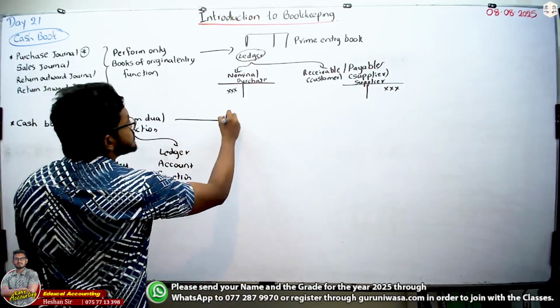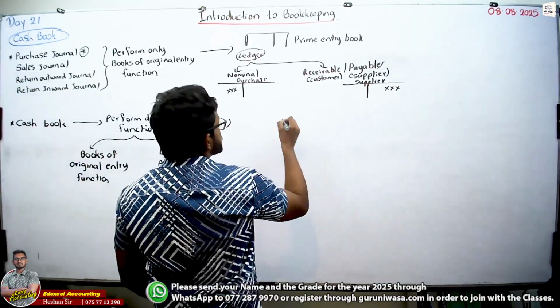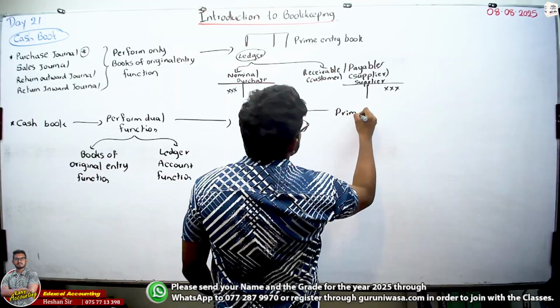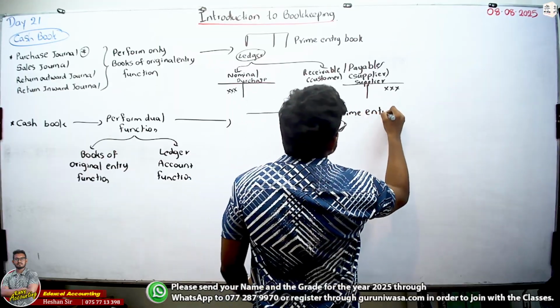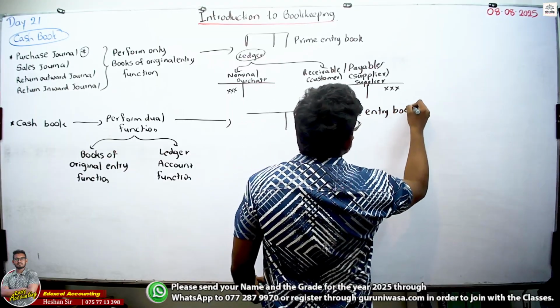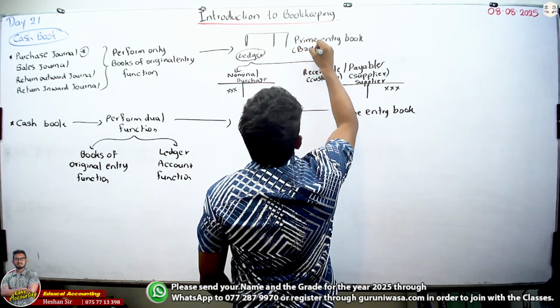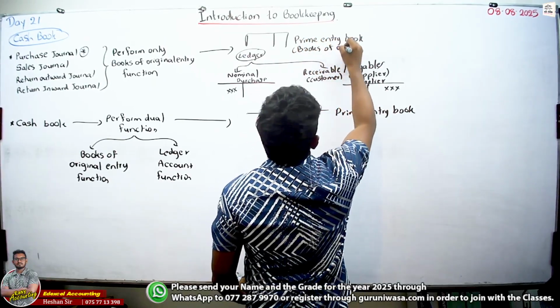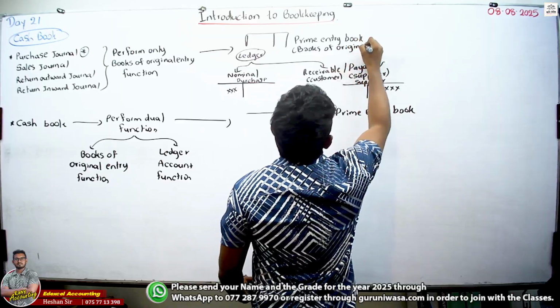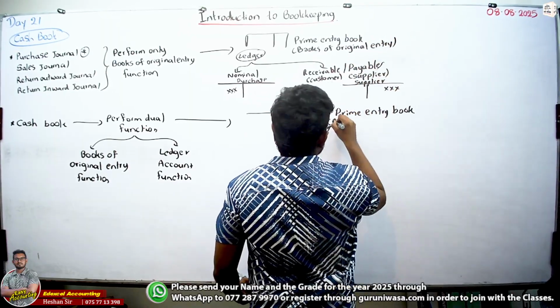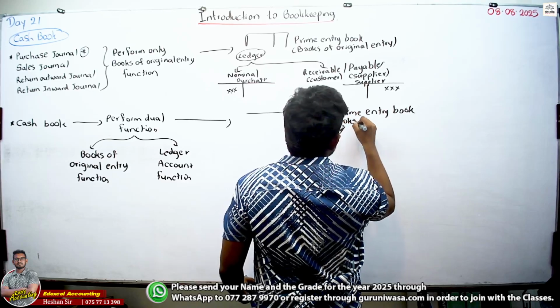So when it comes to the prime entry book or the books of original entry, it is the same word, book, books of original entry.